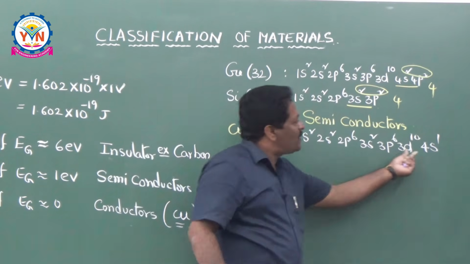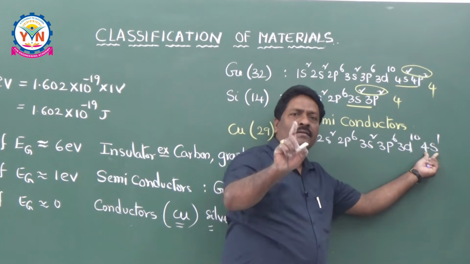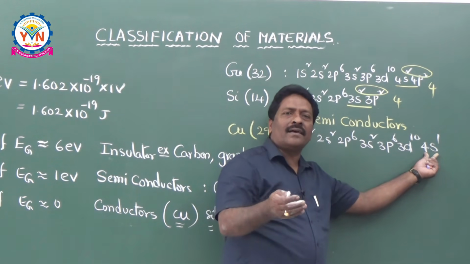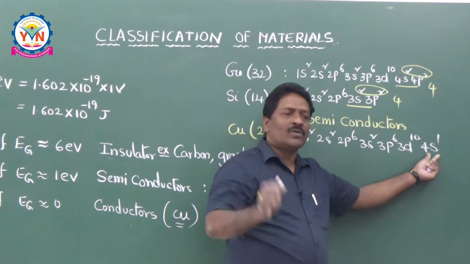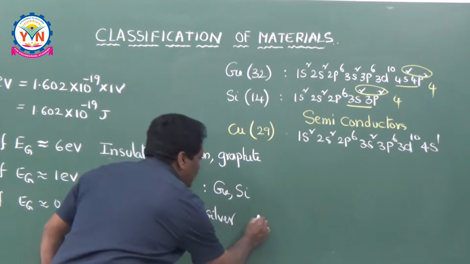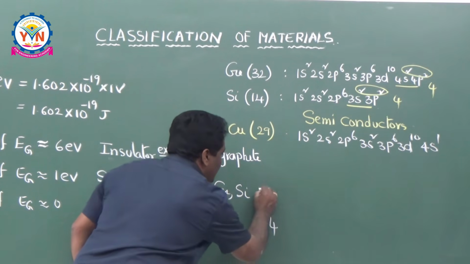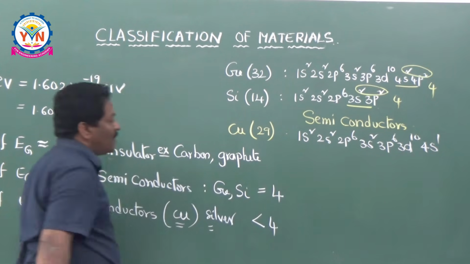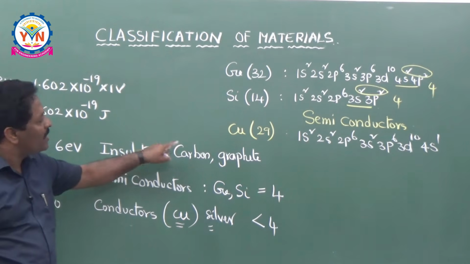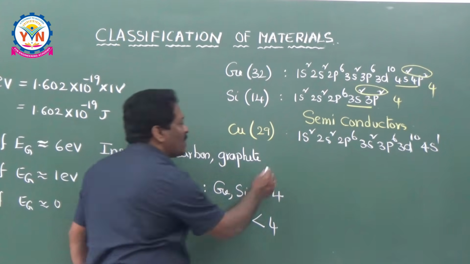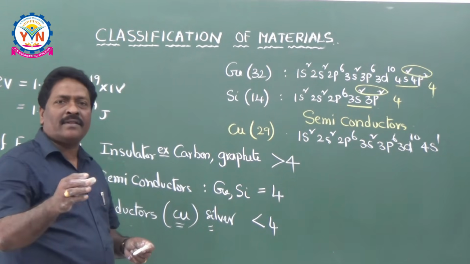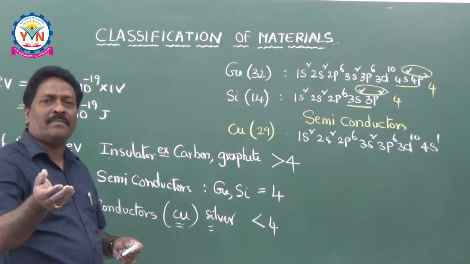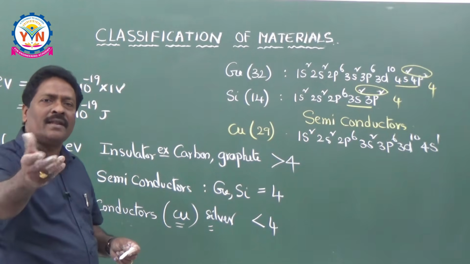That means in the last orbit, how many electrons? Only one electron. So for conductors, the valency electrons are always less than 4. That's why copper is a good conductor. For semiconductors it is exactly equal to 4. And if you are taking insulators, it is more than 4. So depending upon the number of valence electrons, I can decide what type of material it is.